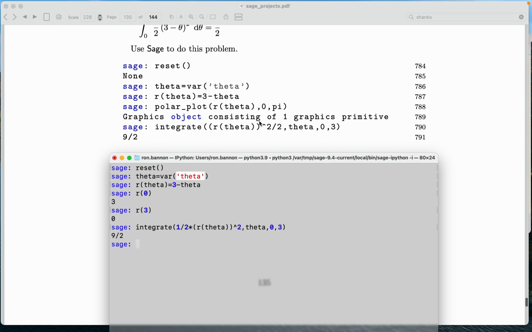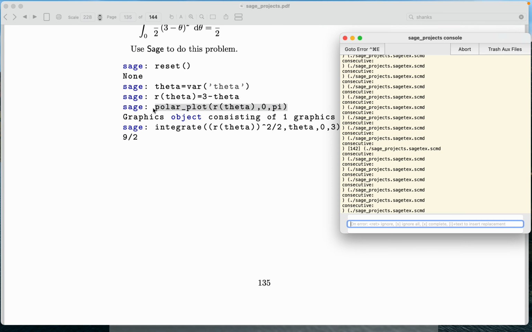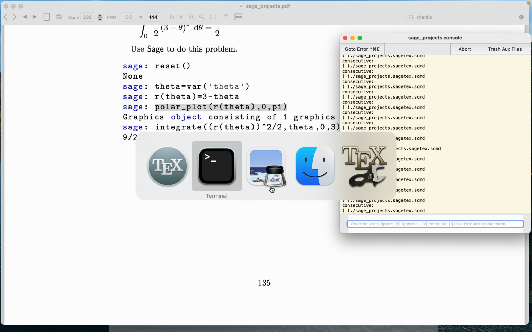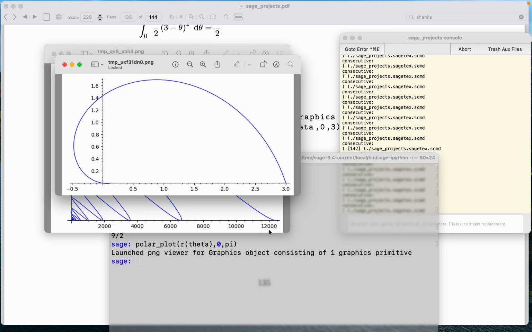Let's take a look at the code, see how we did. And again, I'm learning. Reset, I did the theta part, I did the r of theta part. You know what, I didn't do the polar plot, let me do that. Whoops, sorry about that. And again, a nice looking graph over there, all right? Very nice looking graph.